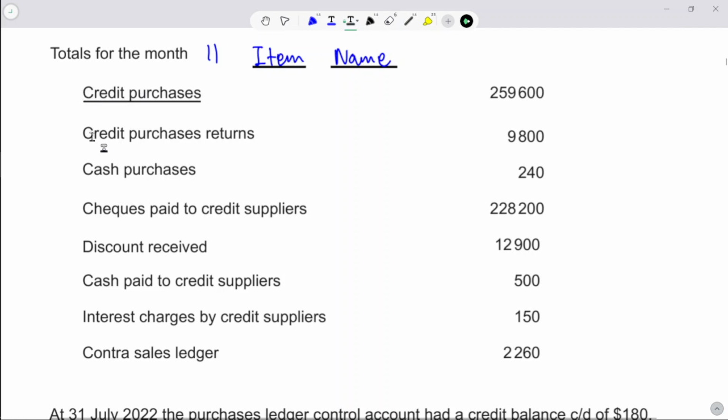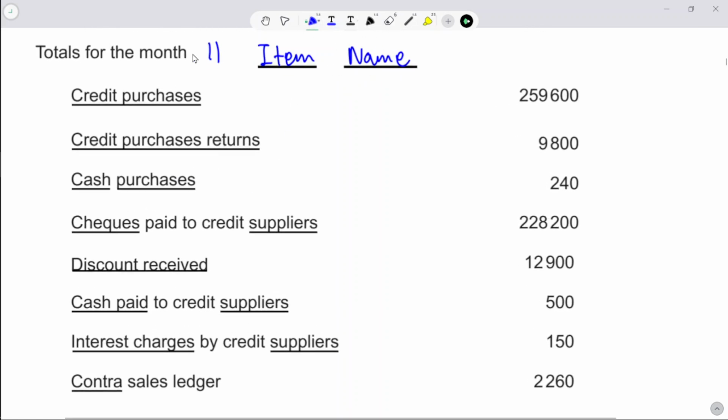Okay. So as you can see the purchase here, so is debit, right?